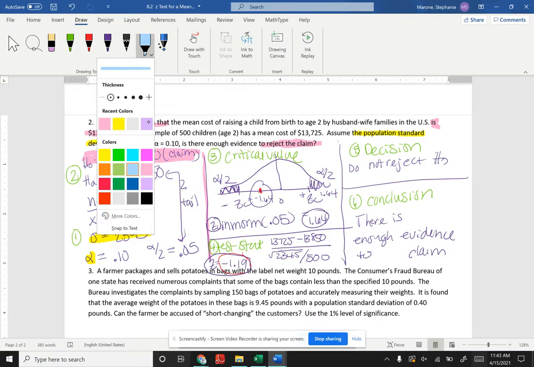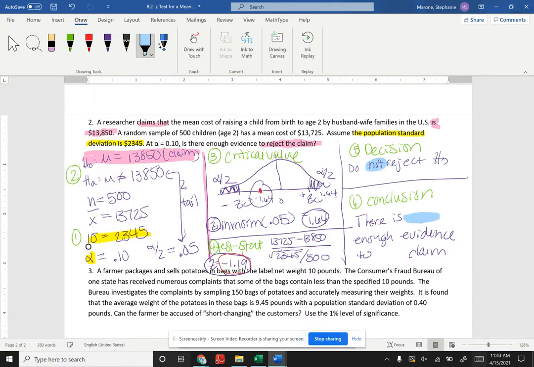And if we do not reject the null hypothesis, there is not enough evidence. Because the null hypothesis is the claim, we talk about rejecting it. So there is not enough evidence to reject the claim. And this sentence also here tells us a very important thing.